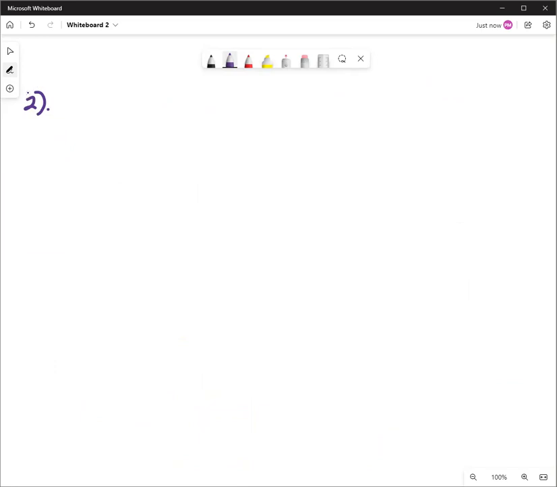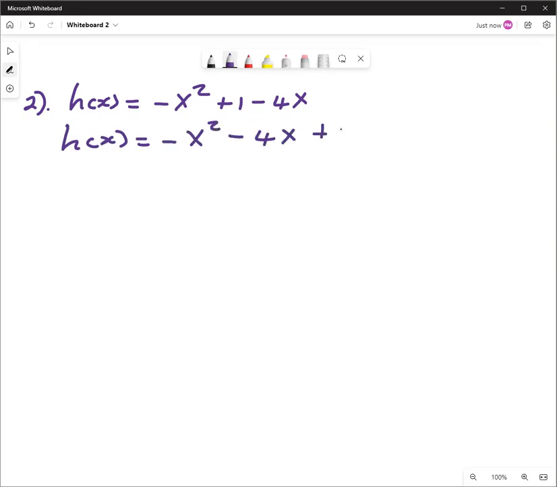So we have h of x equals to minus x squared plus 1 minus 4x. Okay. Remember, the first thing is to arrange in ax squared plus bx plus c, right, in the basic form.